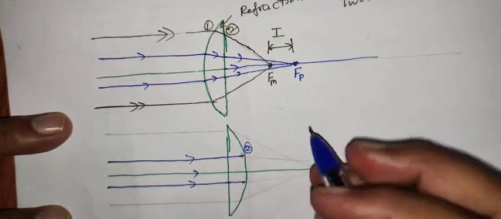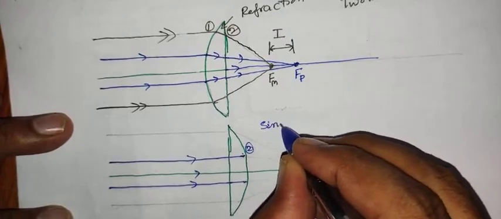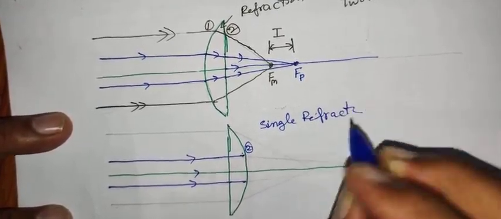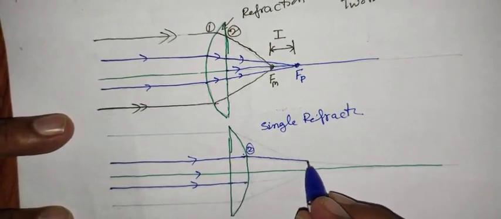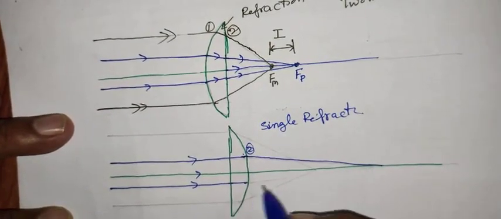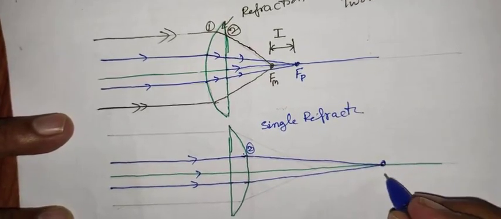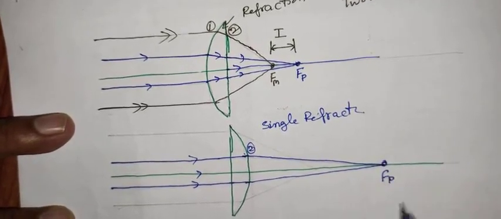So a single refraction is obtained. Thereafter these paraxial rays meet at the focal point FP.